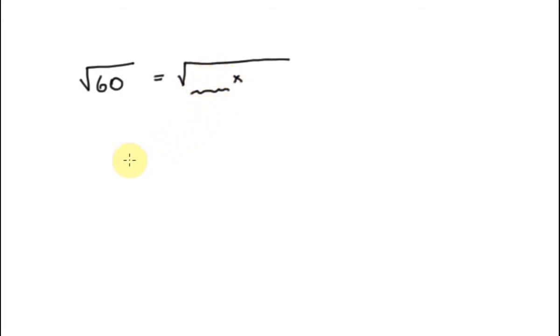So I have to think of all the factors of 60. Well, there's 2 times 30. They're no good because they're not square numbers. 3 times 20, that's no good. They're not square numbers either, but 4 times 15. So that's what I'm going to use.